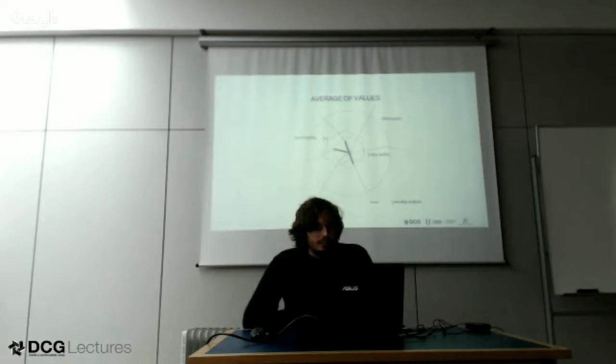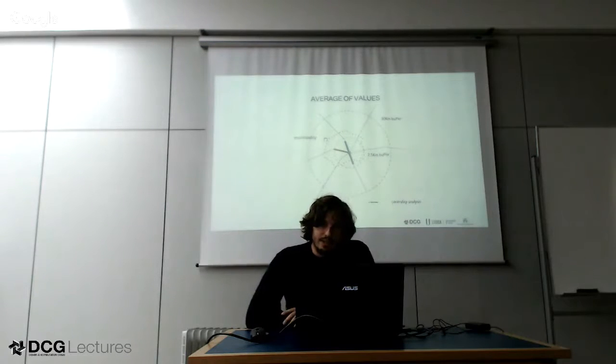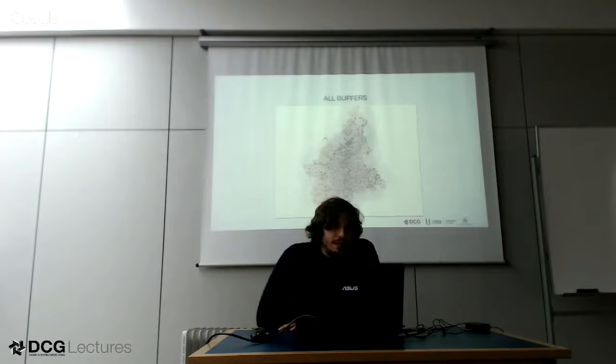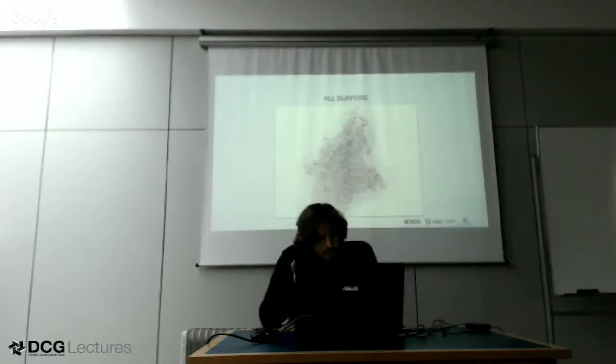What we've done later on is count the items that were inside this buffer, and run some analysis. In the case of values, we average them inside these buffers. For each municipality, centering the buffer on where the town hall was placed, we generate all of 2006 buffers, one of 2.5 and the other of 30 kilometers, and we run the analysis.